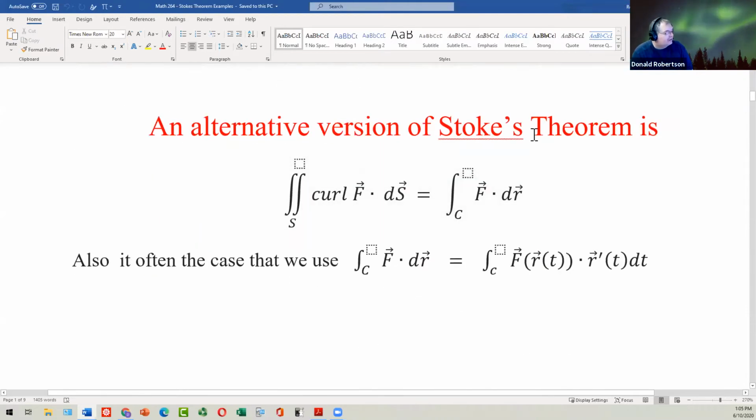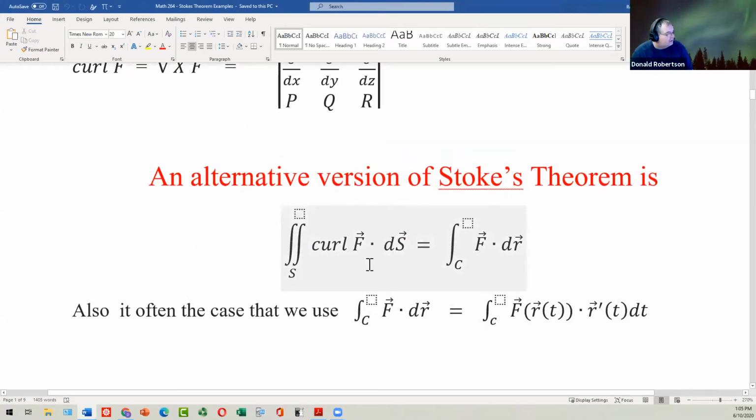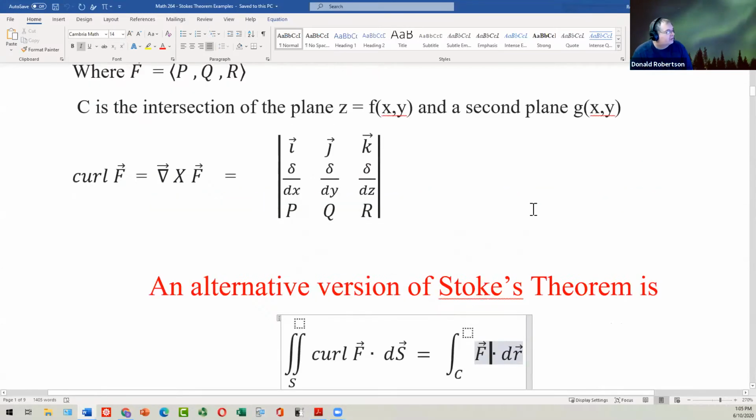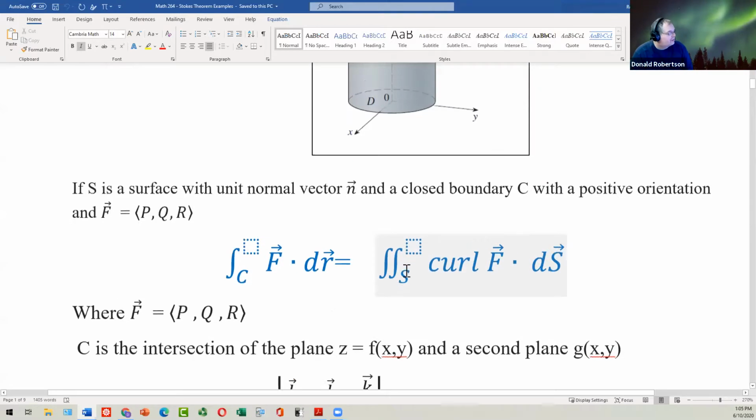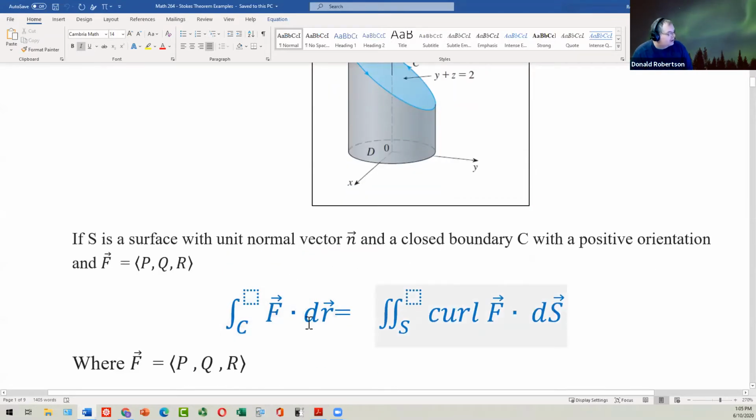There is an alternate version of Stokes' theorem, not really used so much, where you convert a surface integral into a line integral. But for the most part, Stokes' theorem is used to take line integrals and reconfigure them into an equivalent double surface integral. So this might be almost impossible to do, but this fellow over here very often is a lot easier to do. And you're going to trust me when I say that that's the case.